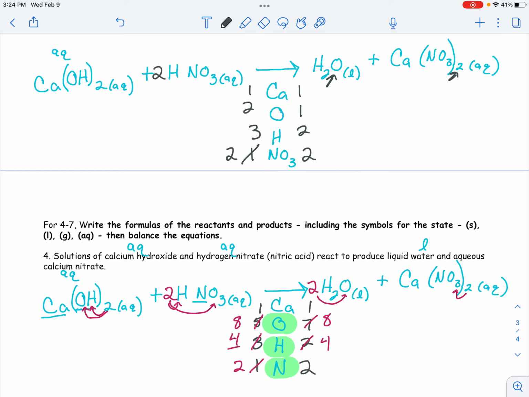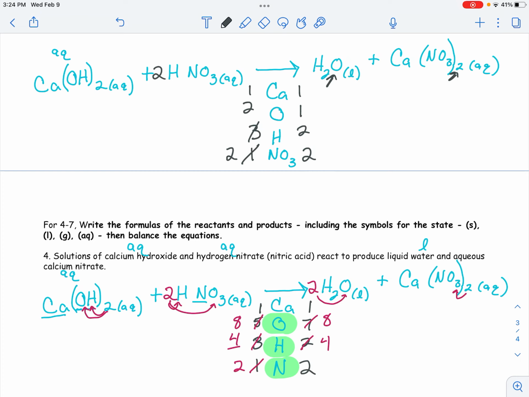Then what I'm going to do is I look at my hydrogen or my oxygen. You can go to either one, but I'm going to look at my hydrogen, and I notice that with my hydrogen, I have 3 hydrogen, nope, because I changed it when I changed my HNO3.